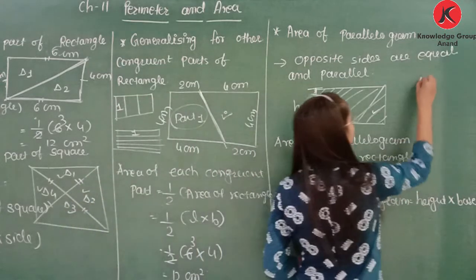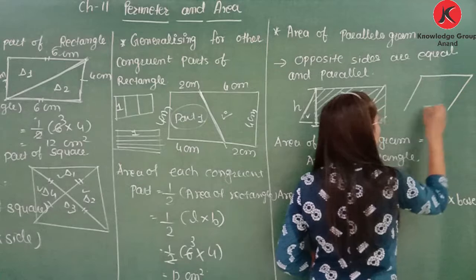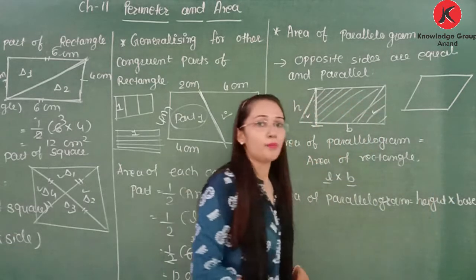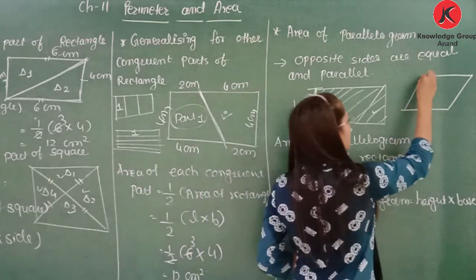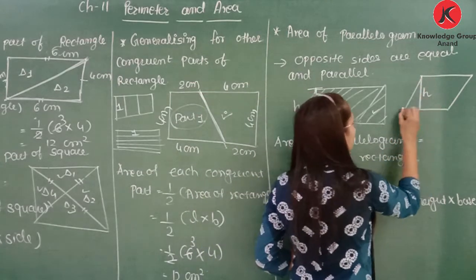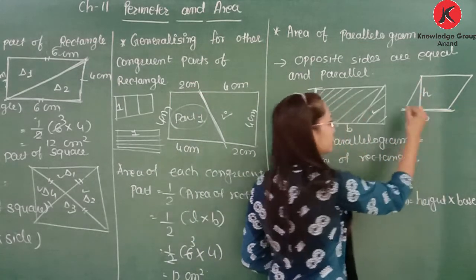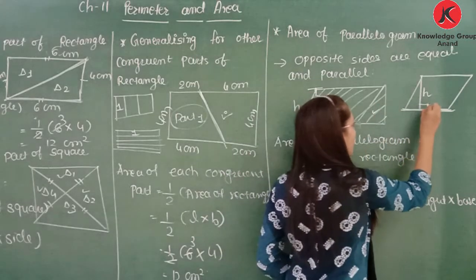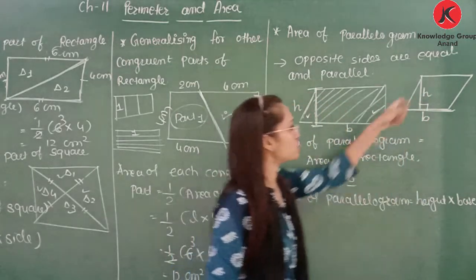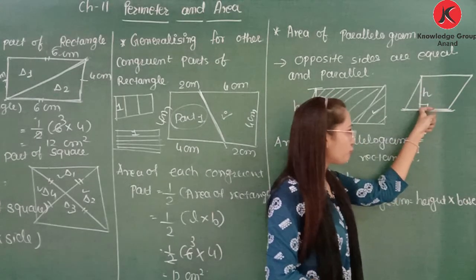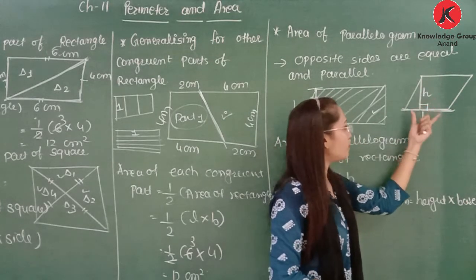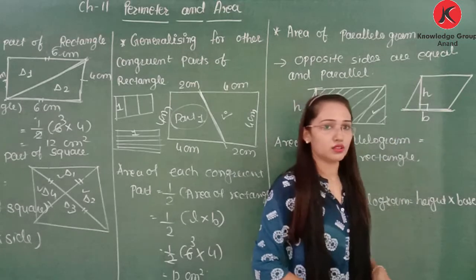Now, which height and which base do you need to consider? If we draw this parallelogram, then height means the perpendicular distance between opposite sides. If we consider this height, then you need to consider this base, which makes a perpendicular distance from the opposite side. These two are opposite sides and this is the perpendicular distance between the two sides that becomes the height, and the base will be this one, or you can consider this one.